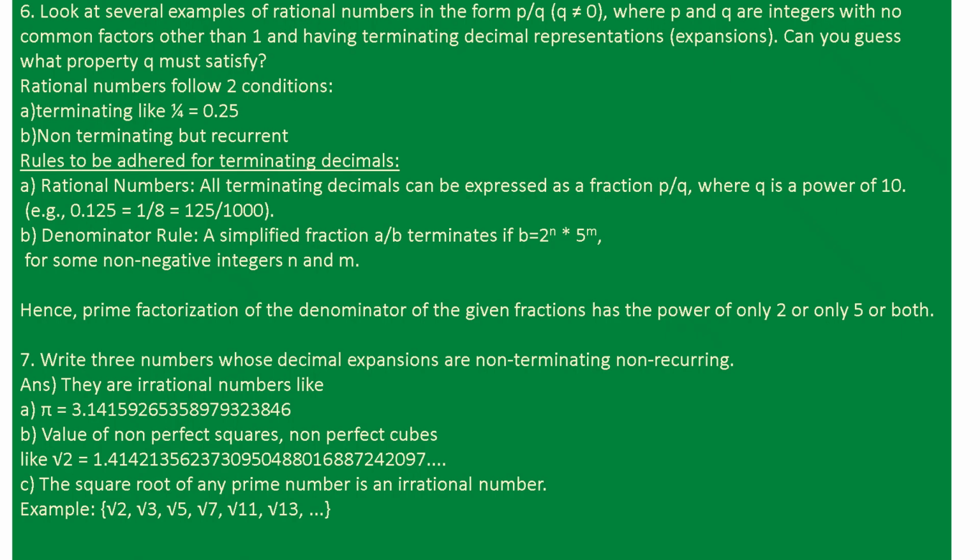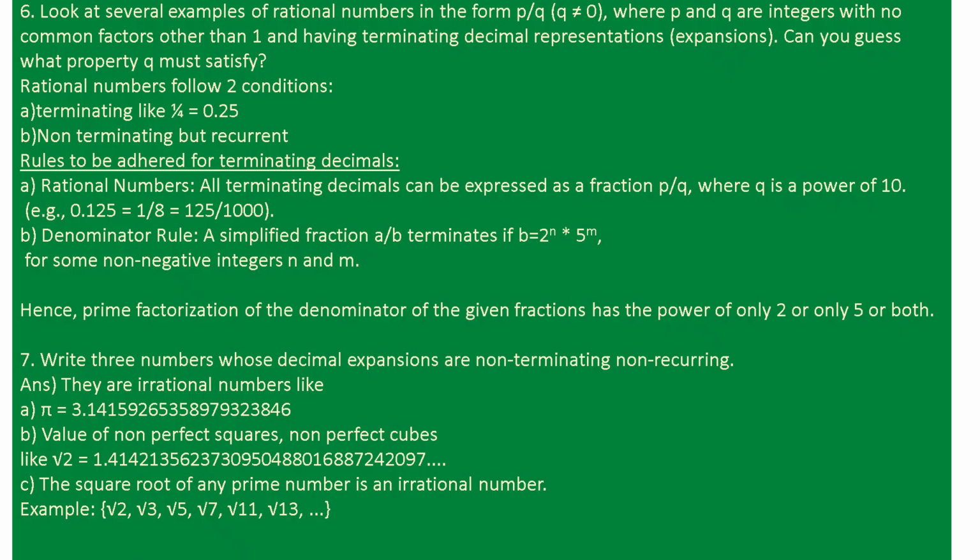Now, the prime factorization of the denominator b has the power of only 2. If it has the power of only 2, then m takes the value 0. So the denominator can be represented in the form of 2 to the power of n. If n takes the value 0, then 2 to the power of 0 becomes 1. So q is represented only in the format 5 to the power of m.